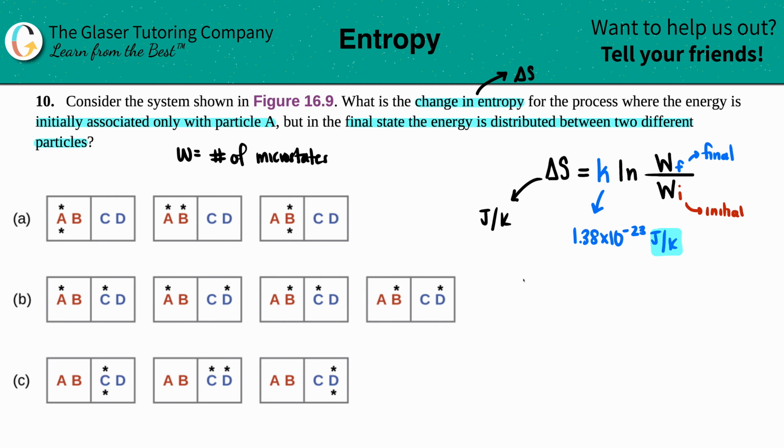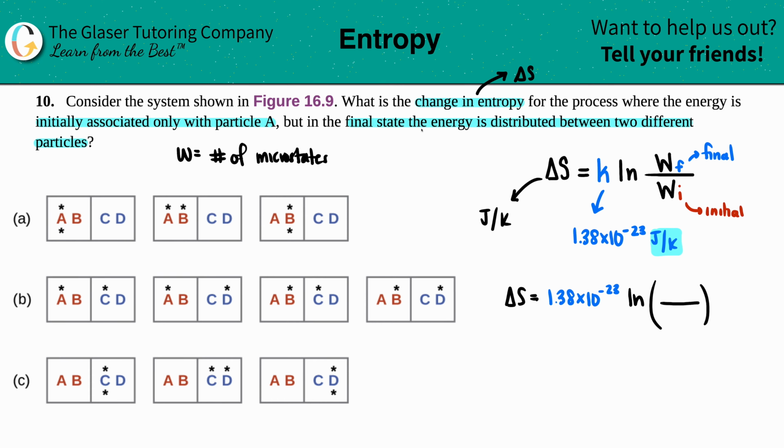So let's just write it out. We're solving for delta S. So this has to equal the Boltzmann constant, 1.38, times 10 to the negative 23rd. And now this is ln times something divided by something else. Let's do the initial first.